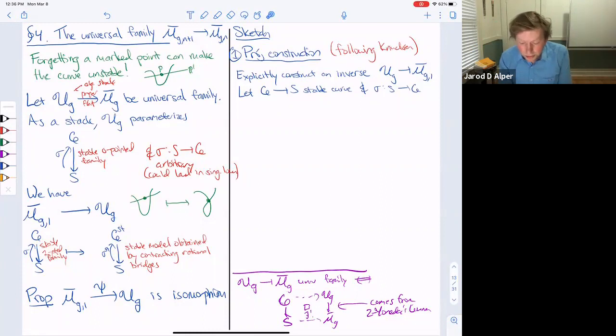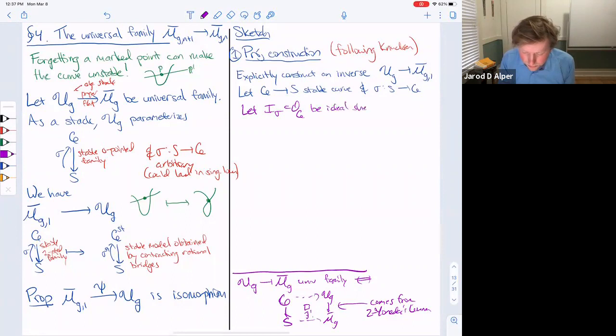Here's the strategy: explicitly construct an inverse. We have a stable curve and an arbitrary section, and what we need to produce is a stable one-pointed family. So let I_sigma in O_C be the ideal sheaf defining sigma.